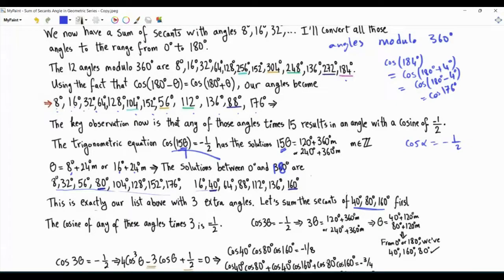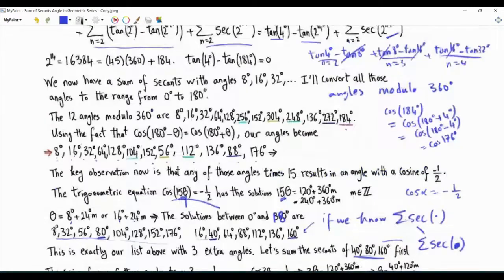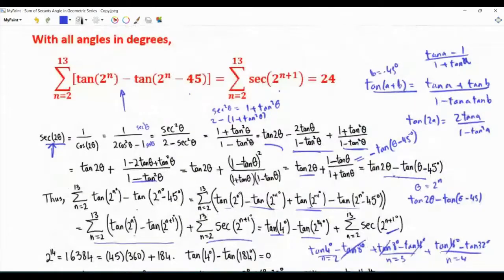If we know some sec of those angles, and if we know the sum of sec of those angles, then by subtracting, we will get the sum that we are interested in, and hopefully the number that we get is 24.